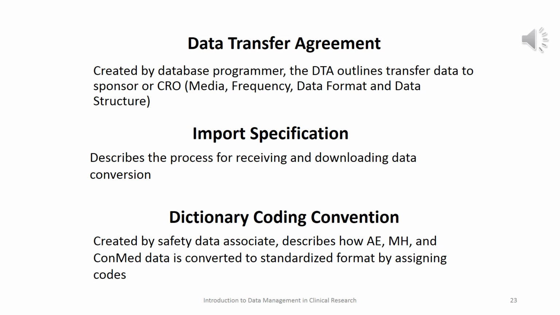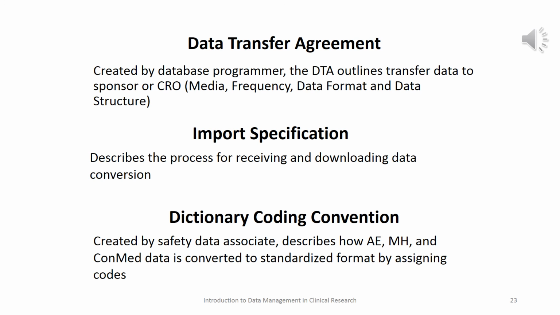This describes the process for receiving and downloading data conversion. And then we'll have the dictionary coding conventions. This is very important. This will be created by the safety data associates, so someone from our safety team. And it describes how adverse event, medical history, and concomitant medication data is converted to standardized format by assigning codes.